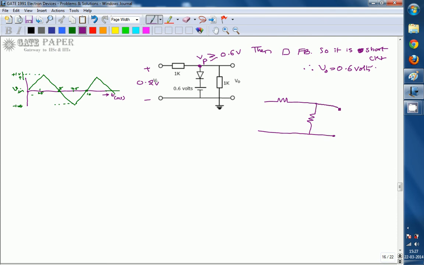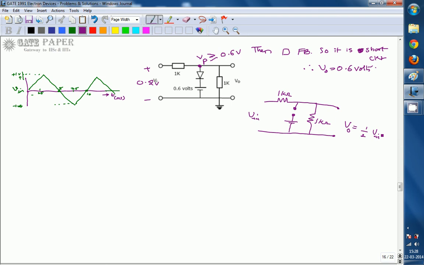The equivalent circuit is an open circuit with 0.6 volts, which doesn't matter now, because this is 1 kilo ohm and that is also 1 kilo ohm. So with the voltage division rule, we can write V0 equal to half of V input. Whatever input voltage you apply, the output voltage, which is the voltage on the P side, is half of the input.